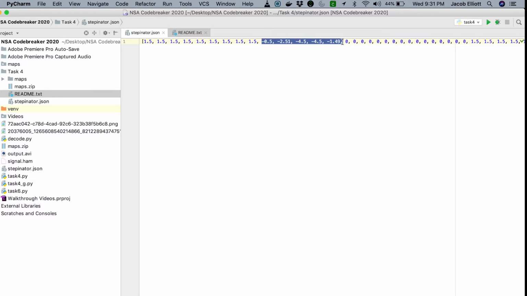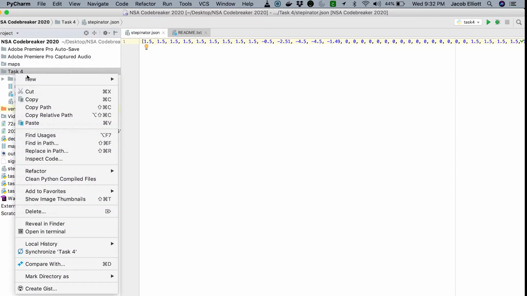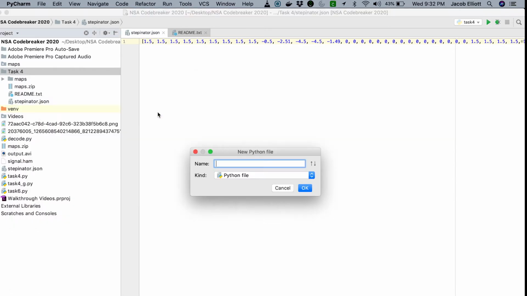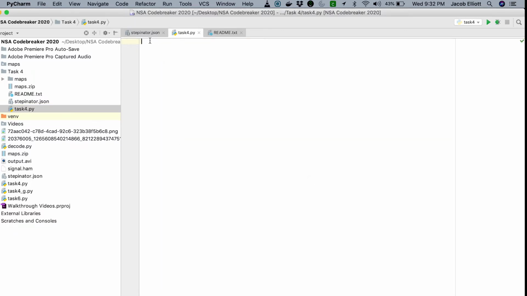At this point you can interpret that they accelerated to full speed for some period of time, then slowed down to a stop, stayed still for a little bit, then sped up again, continued at top speed, and then slowed down again to a stop. We can use this information to figure out what's happening here.